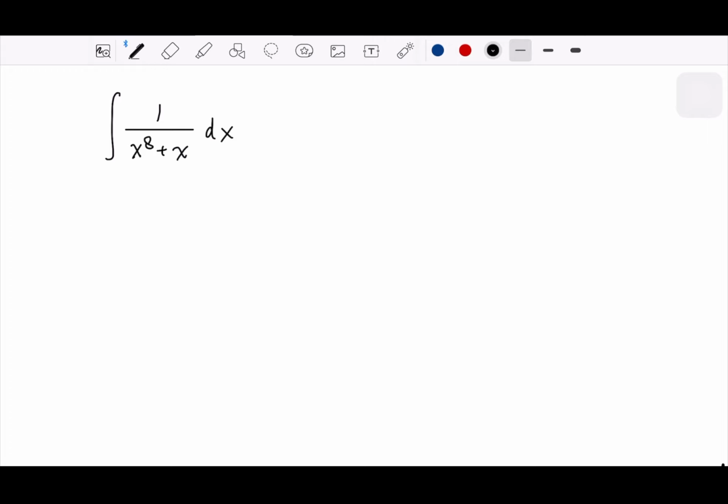If you remember partial fractions that we discussed as an introduction, we took partial fractions, but we still have a long way to go. If we factor out x, we still have x to the power of 7, which is not easy to calculate.